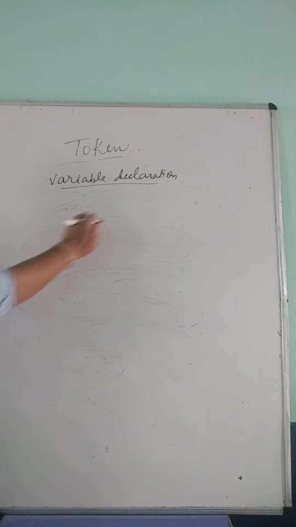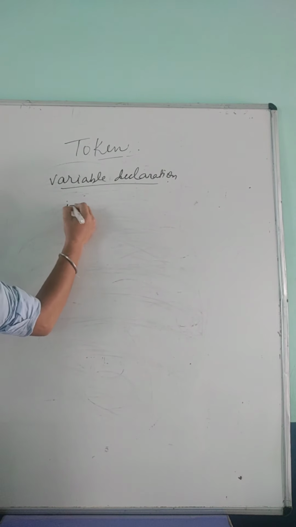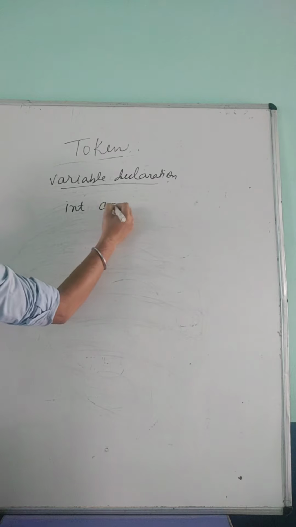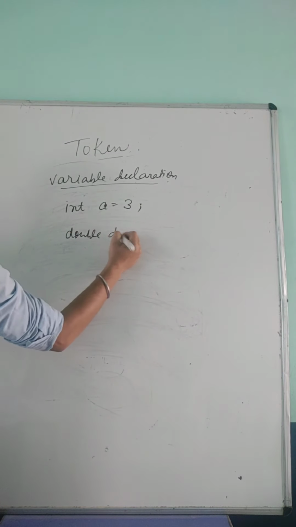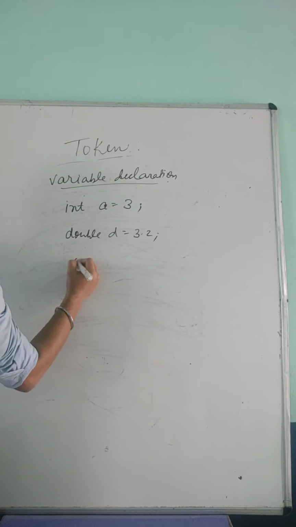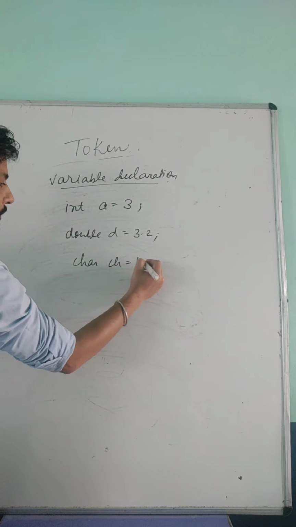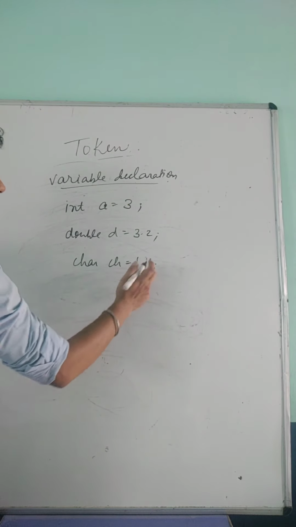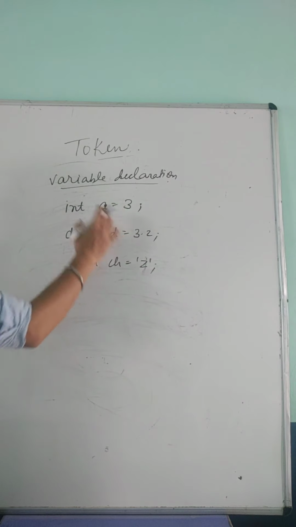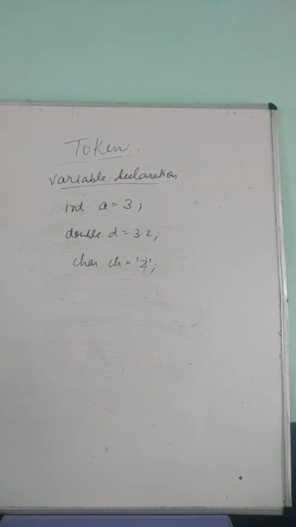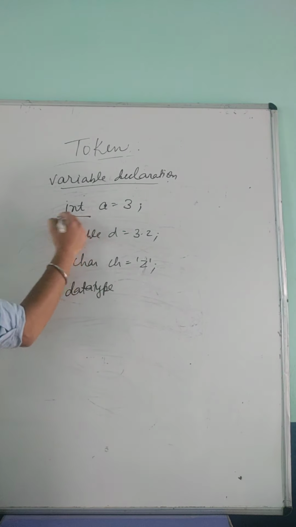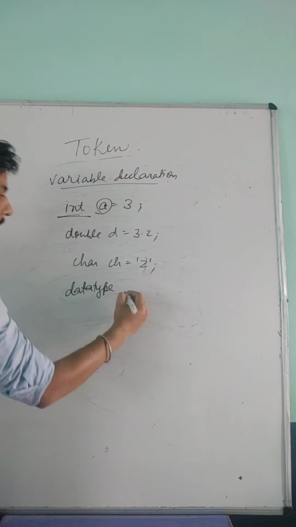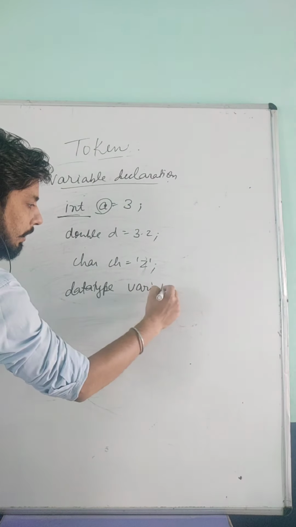For example, I wrote many times int a = 3, double d = 3.2, char ch = 'a'. I could take z, but don't take it, I am taking a fixed value, just take it as an example. Now here, int is the data type and a is the variable.